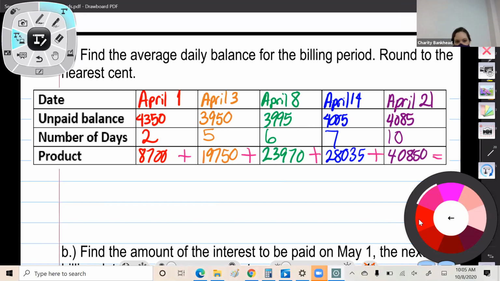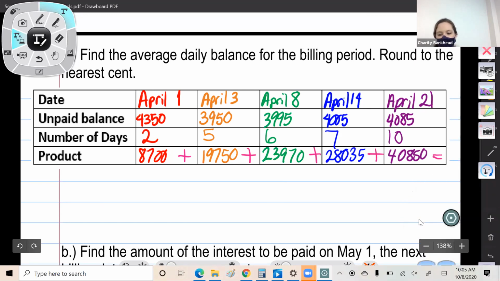So 8,700 plus 19,750 plus 23,970 plus 28,035 plus 40,850 equals 121,305.